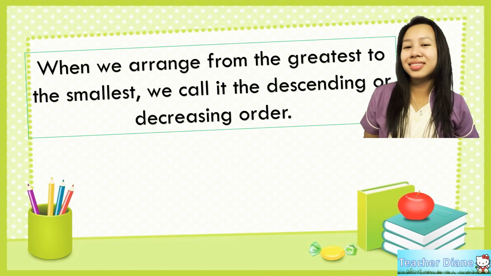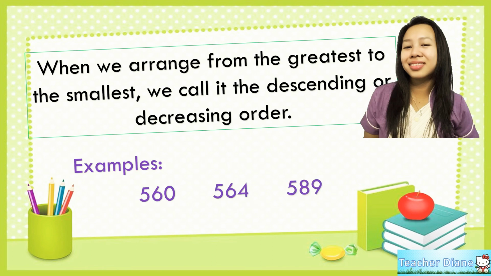When we arrange from the greatest to the smallest, we call it the descending or decreasing order. Example: 560, 564, 589. Compare the digit in the hundreds place. They all have 5 as the value of the digit. So let's proceed to the tens place. Can you tell the greatest digit?